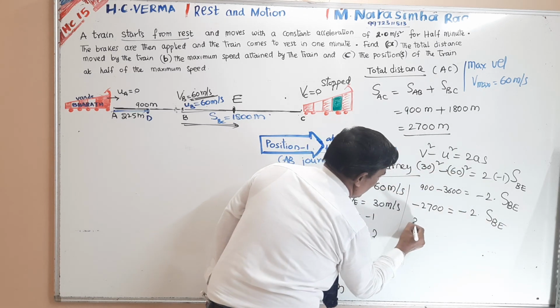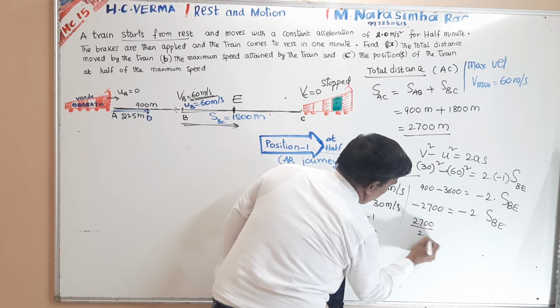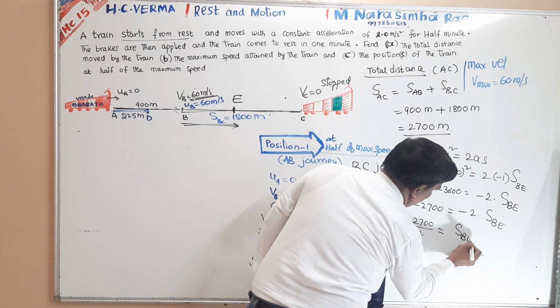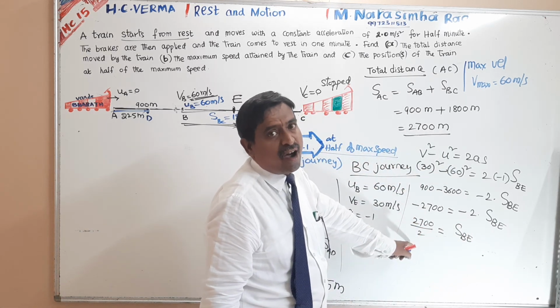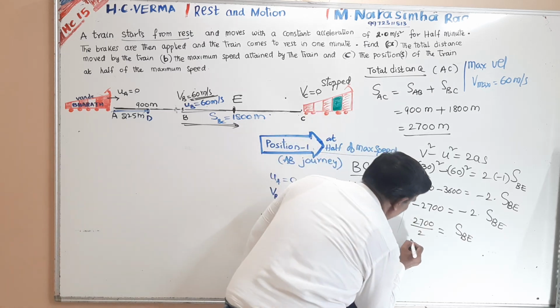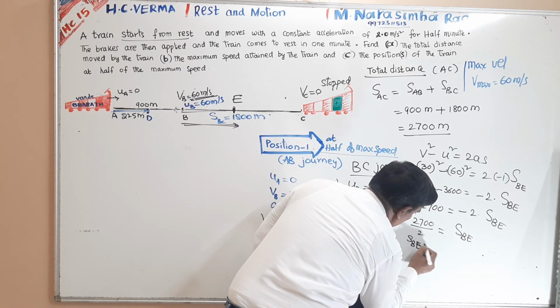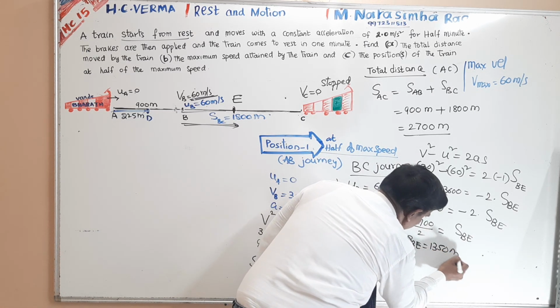Minus minus cancelled. 2700 by 2 is SBE, 1350. SBE is equal to 1350 meter.